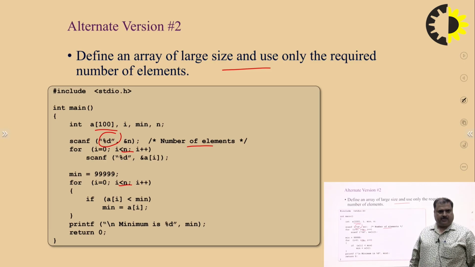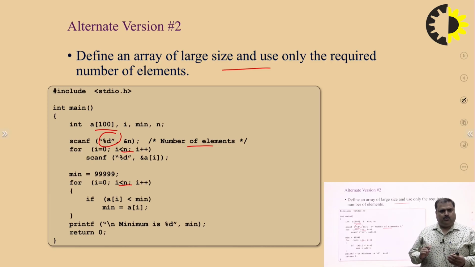So this is not an optimized solution. What is happening here? If n is 2, less than 100, then the remaining elements will be wasted all the time. That memory will be wasted memory.